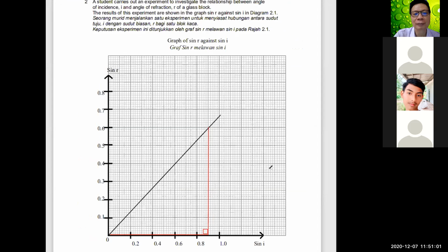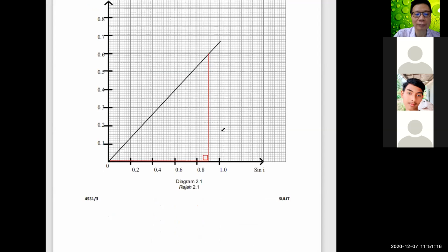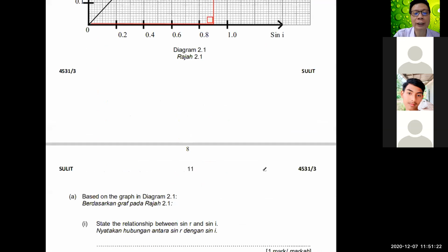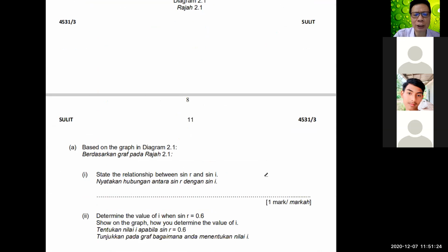This is the relation between the angle of incidence and the angle of refraction. Now the question, a typical question. That's why I want you to practice more. Typical means I'm sure they will come out and ask like this. What is the relationship?